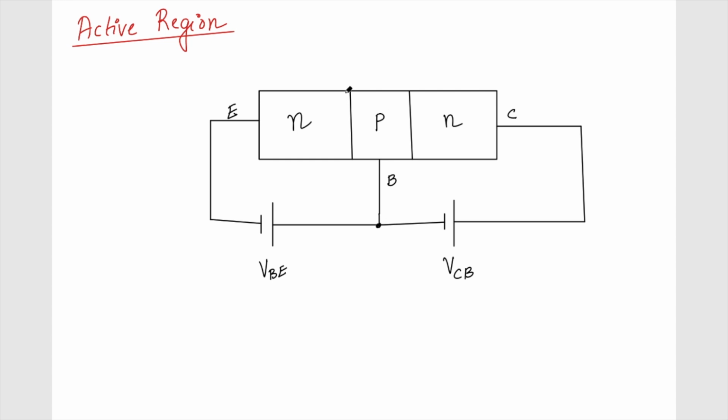And from our discussions on the PN junction, we know that wherever the doping concentration is less, the depletion layer width will be higher. Of course, because we have applied this VBE, it will be much smaller. This side will be smaller, and this side will be a little larger. Okay, correct.